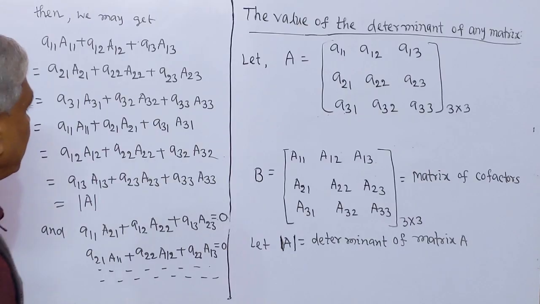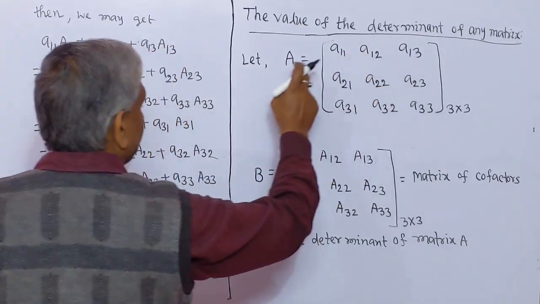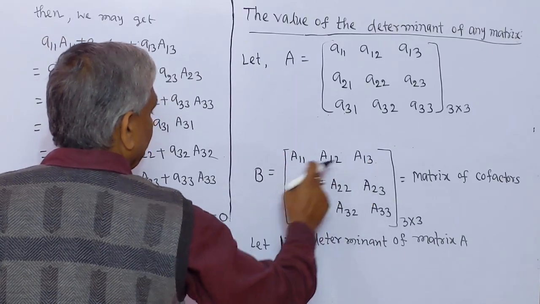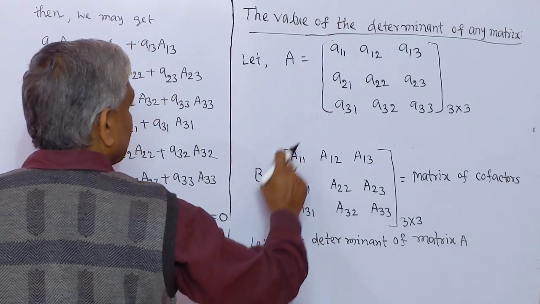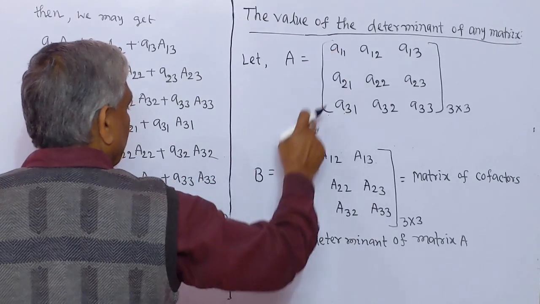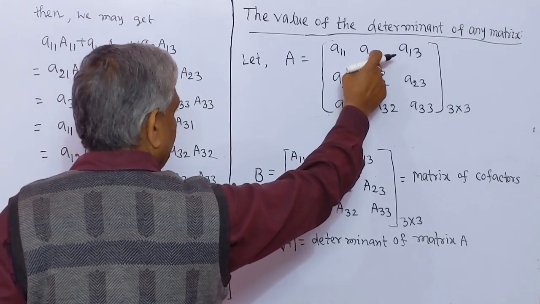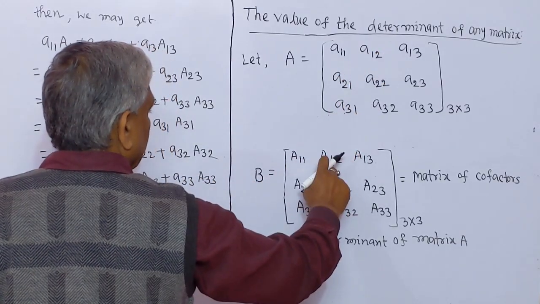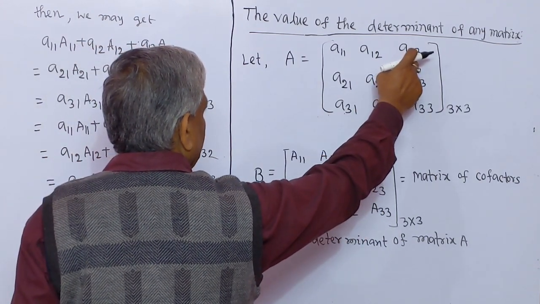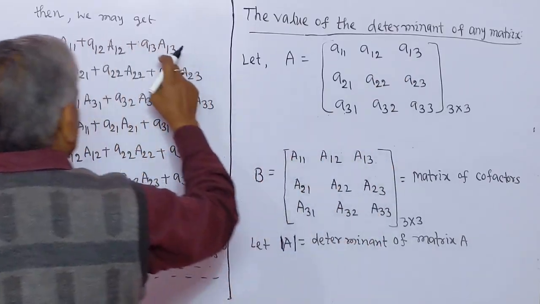This means the scalar multiplication of the first row of matrix A and first row of matrix B means we multiply the element with corresponding cofactor plus second element with corresponding cofactor, next third element of the first row with corresponding cofactor.